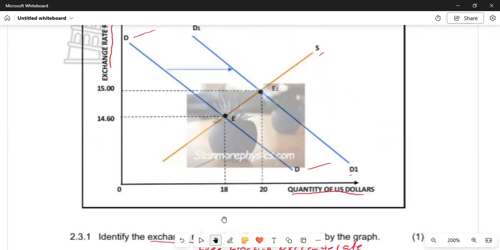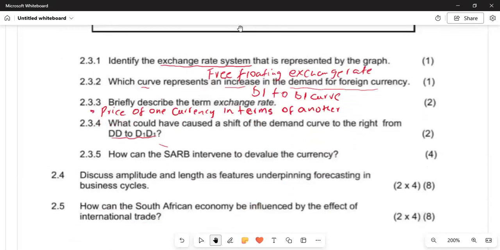We want to know the reason for the shift in demand for foreign currency.